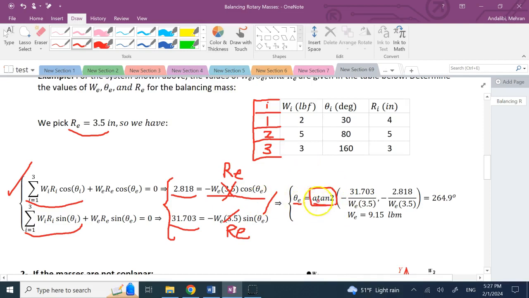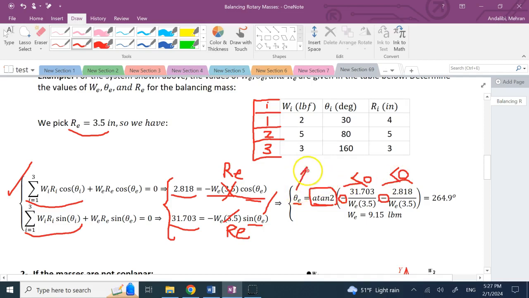So from there, if I use arctangent 2 and get the sine and the cosine of theta e from these two equations, which are these two numbers, then you'll see that both sine and cosine are going to be negative because w is a positive number. So both of them are going to be negative, and when both sine and cosine are negative, you are in the third quadrant.